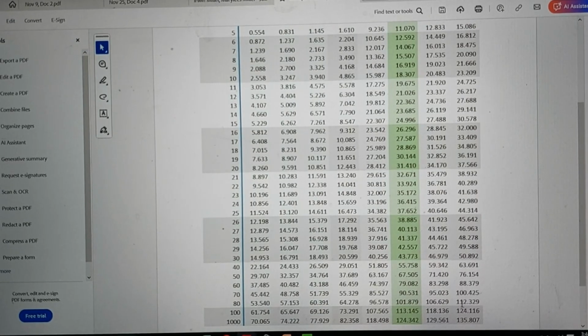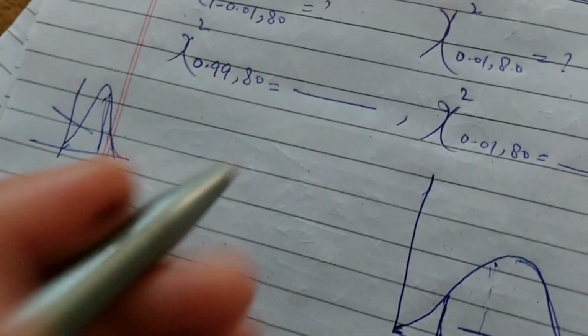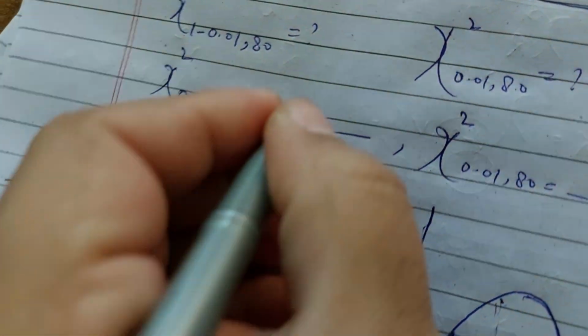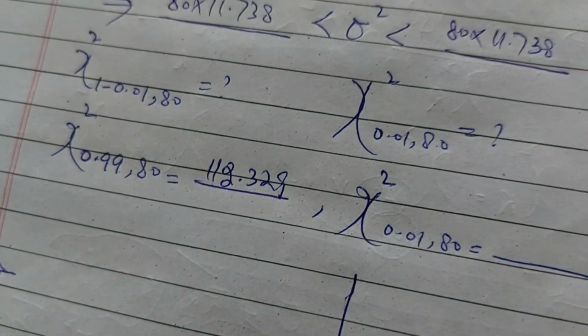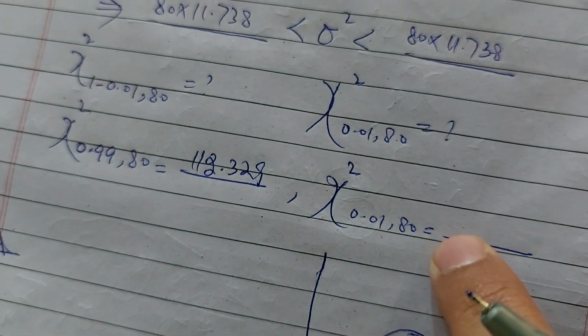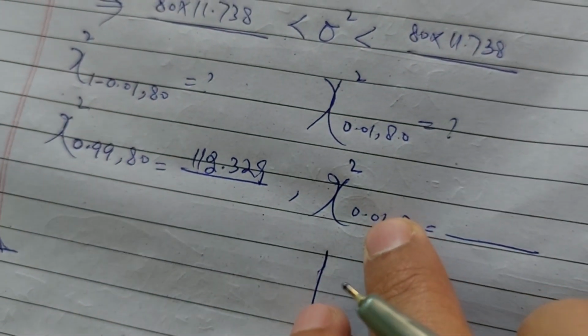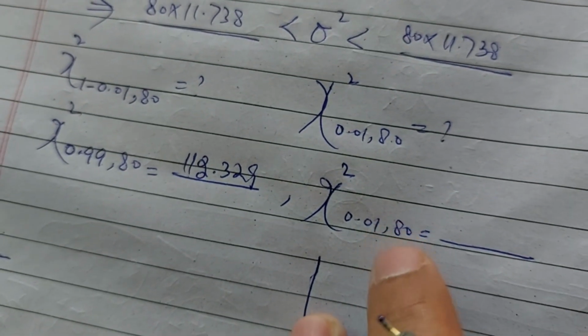So here it is equal to 112.329. Now doing this one, 0.01, it means that we have to find in the right one 0.99 and 80.